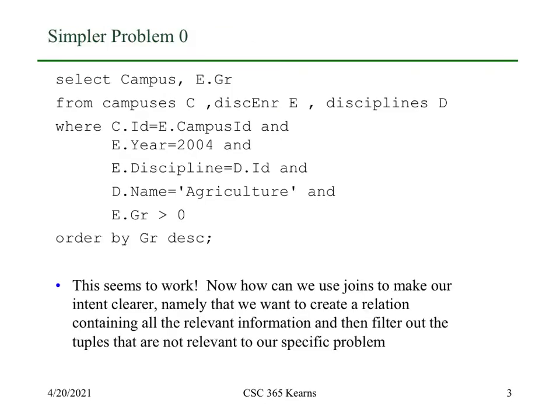So here's the solution for the simpler problem. Again, what we want to be able to print out is the campus and the enrollment. And so we're going to need the same 3 tables, as I mentioned. And it's pretty easy to think about, hopefully at this point.